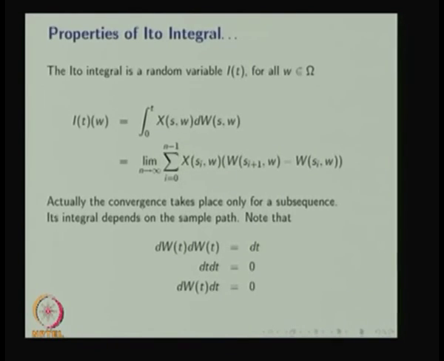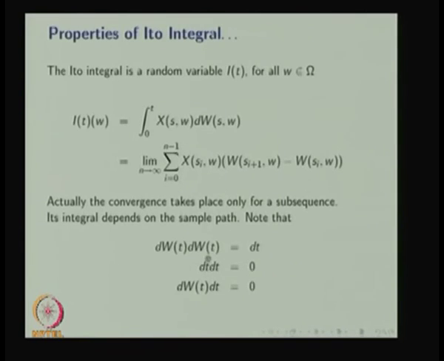Also, we need the following properties. dW(t) dW(t) will be dt; that is, the quadratic variation of Brownian motion is a finite value. If you find the increment over the interval 0 to t, then the quadratic variation is t.